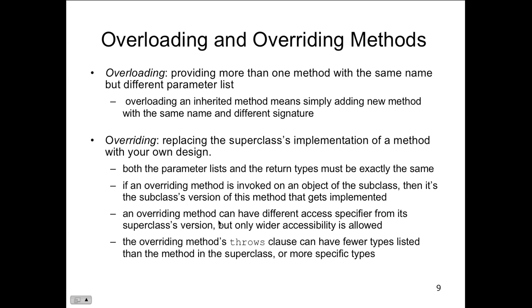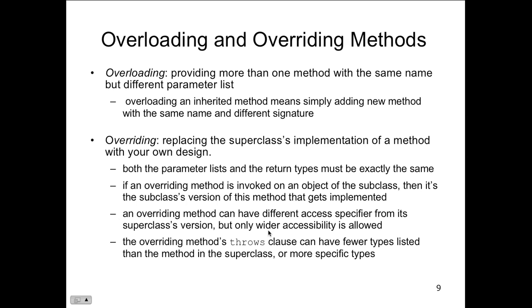An overridden method can have different access specifiers from the superclass's version, but only wider accessibility is allowed. If it's protected, you can make it public. So you can scope it wider, but you can't scope it narrower, which is interesting. So if you start out restrictive on everything, then you can start making it public if you wanted to. And actually, I shouldn't say private.